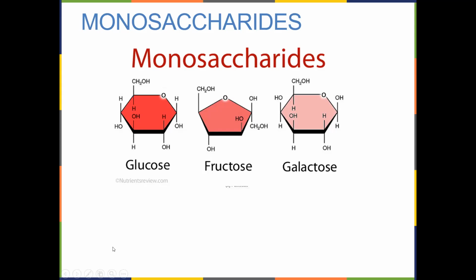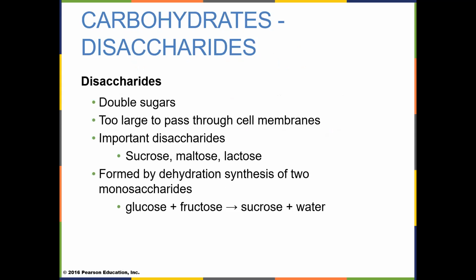Now, these are the monomers that we build from. The disaccharides are the double sugars. See, glucose can go through a cell membrane. It's a large molecule, but it can go through a cell membrane with help. Facilitated diffusion allows glucose to get in. Insulin release, when you eat something and your blood sugar goes up, you eat a donut for breakfast or something, your blood sugar will go up because there's glucose now.